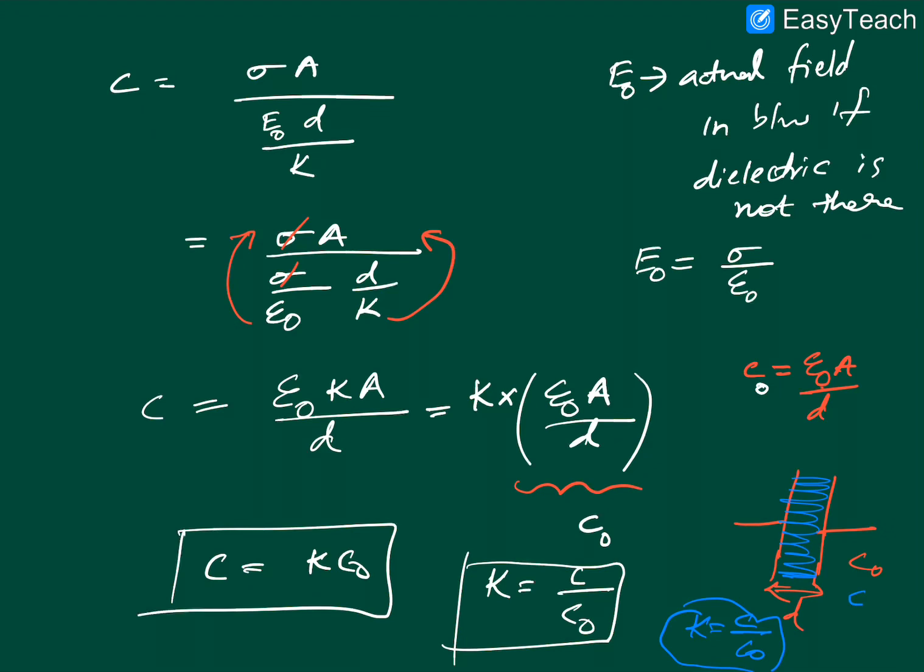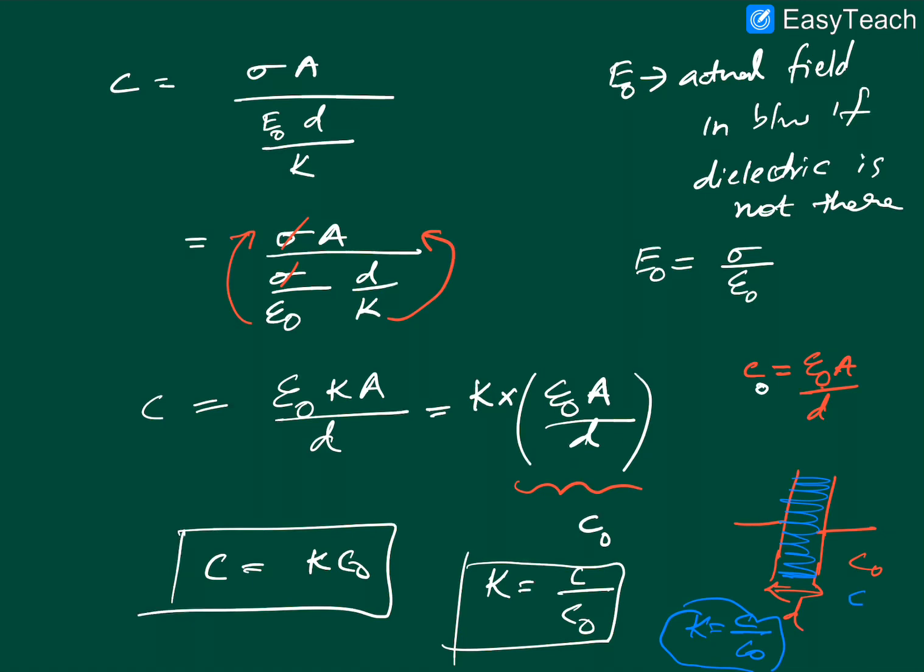So examples for dielectric materials are paper, then water, then mica. Like that, any material you can place. In all these cases, you can increase capacitance. Normally we will use paper, mica, etc. in between the two metal plates in capacitors in order to increase their capacitance.